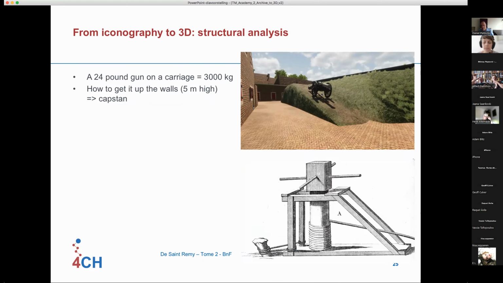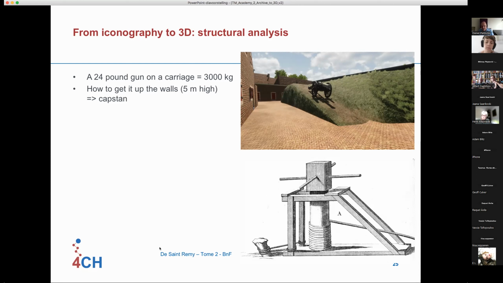So, okay, your gun is on the carriage, and now your gun needs to get up on the wall, which is 5 meters high. So how do you get your 3,000 kilograms, because your carriage also has a weight, how do you get it up there, 5 meters high?